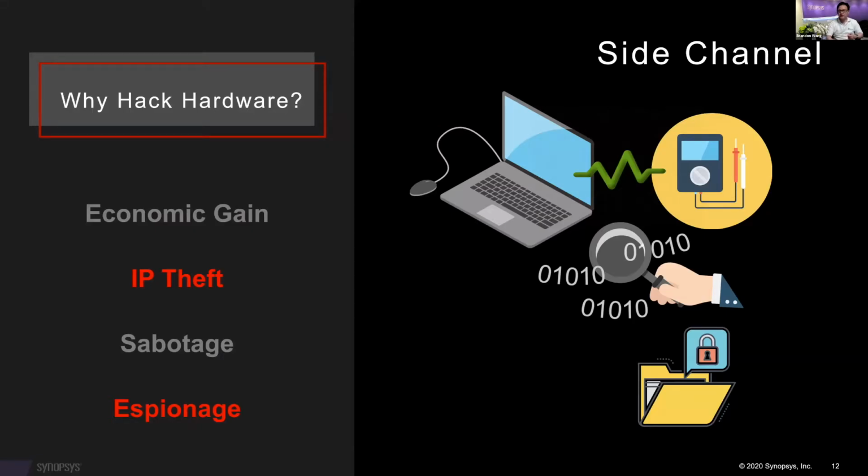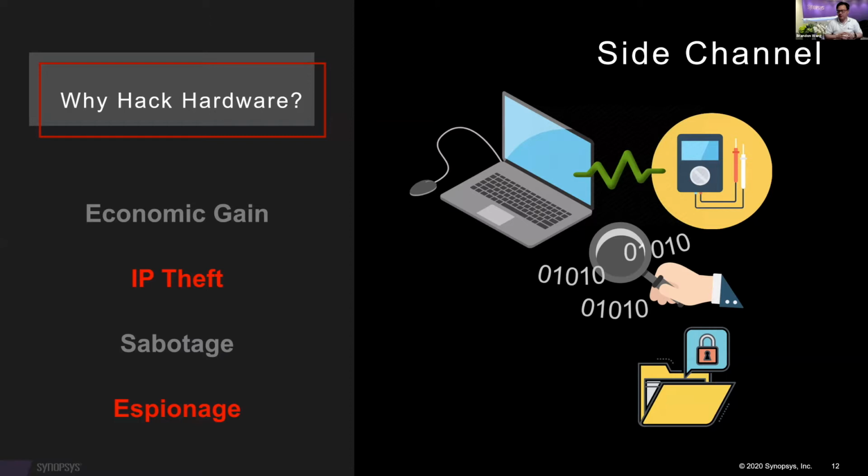But there are other ways to hack a hardware system, such as side channel attack. Side channel attack aims at extracting secrets from the chip or the system through the measurement and analysis of physical parameters.